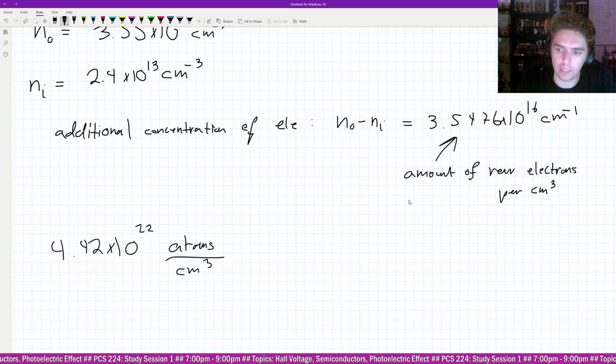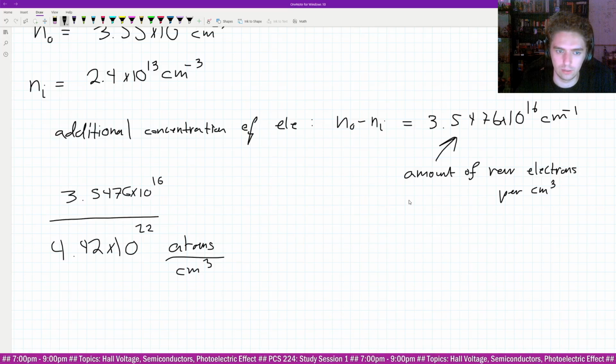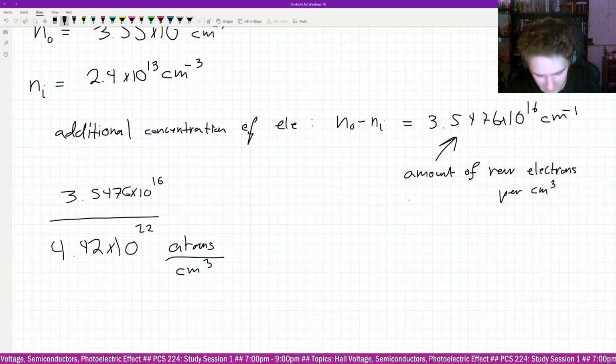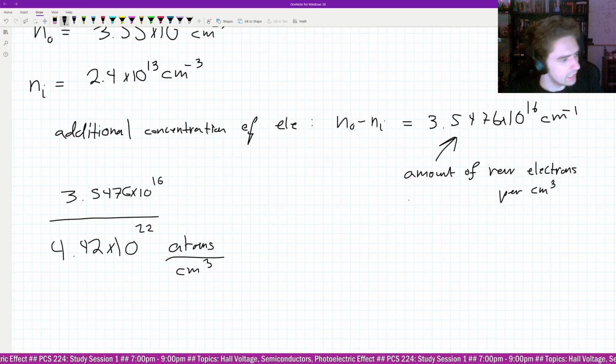That is how many new electrons we need in a centimeter cubed. So then I just divide these two, because we need to replace 3.5476 times 10 to the 16 atoms. I think that makes sense. Yeah, it's upside down.